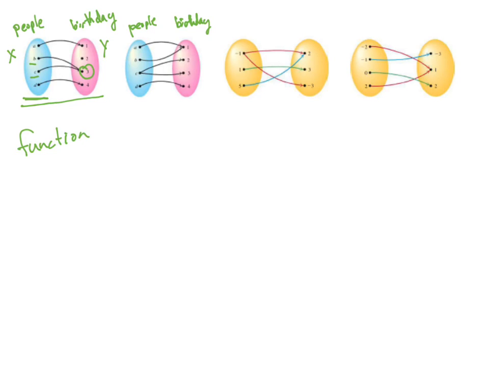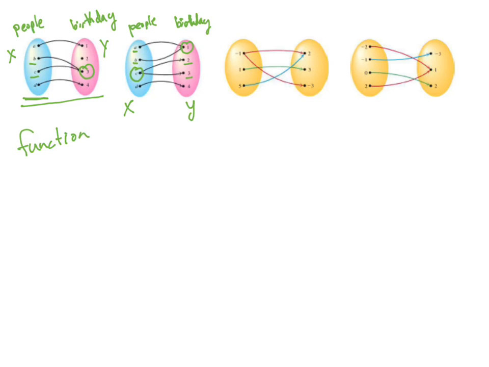However, moving over, what we see is that in the domain X and the range Y, individual C is pointing to two separate birthdays. That does not make any sense. It makes sense that two people could share the same birthday, which is what is happening between A and B. They share birthday 1.